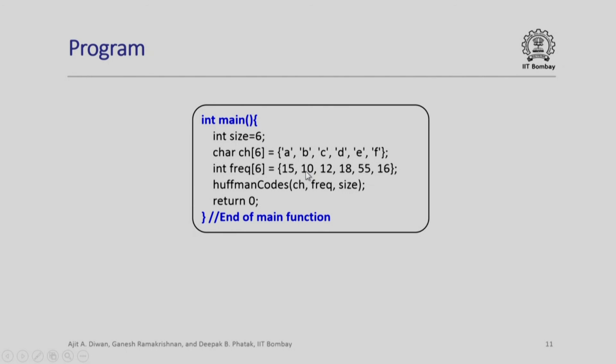We insert these 6 characters as A, B, C, D, E, F and we insert these arbitrary frequencies 15, 10, 12, 18, 55, 16 which we saw in the example last time. Once this is done, we invoke Huffman codes given this char array, the frequency array and the size. This invocation will do everything from creating the appropriate priority queue as a binary tree and then printing out all our codes.